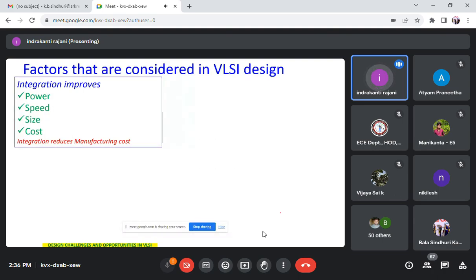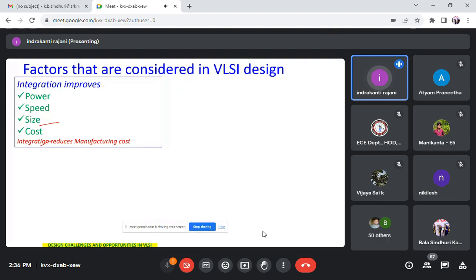The factors considered in VLSI design: integration improves the power, the speed, the size, and the cost. At a larger level, like using 8 cores in a small space, this also reduces the manufacturing cost.